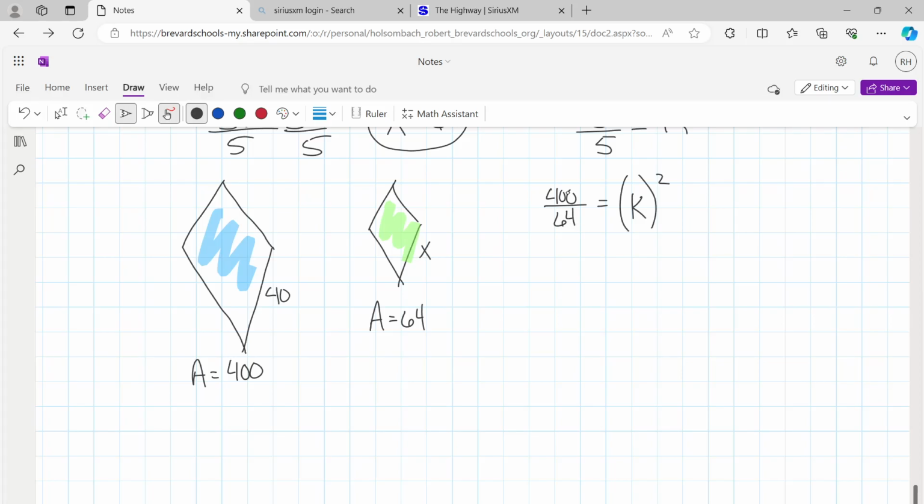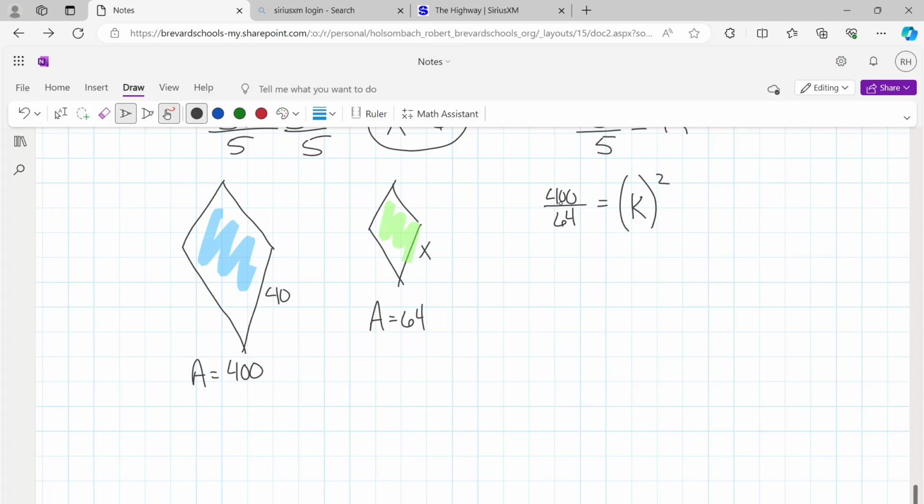Now, if you're not good at simplifying fractions, okay, take 400 and divide it by 64. Maybe you shouldn't do that. Let's simplify this first, the 400 over 64.